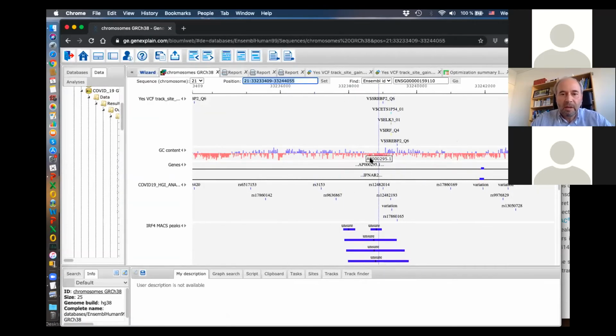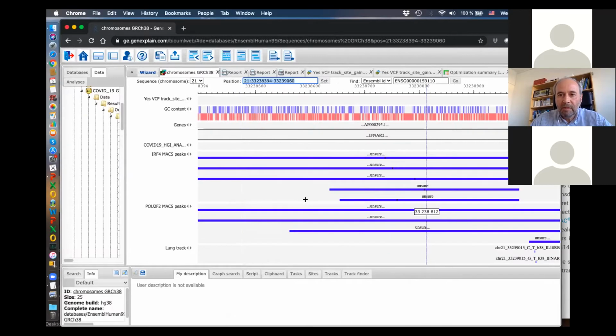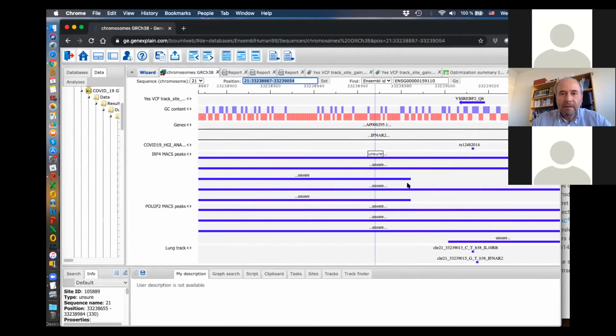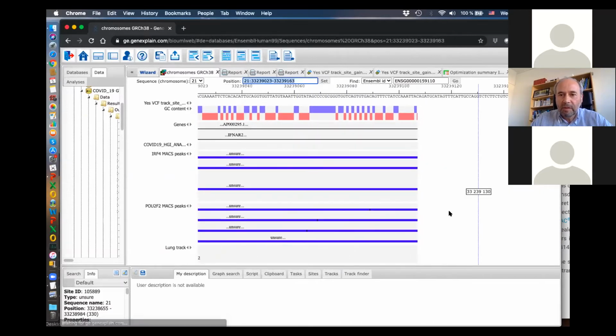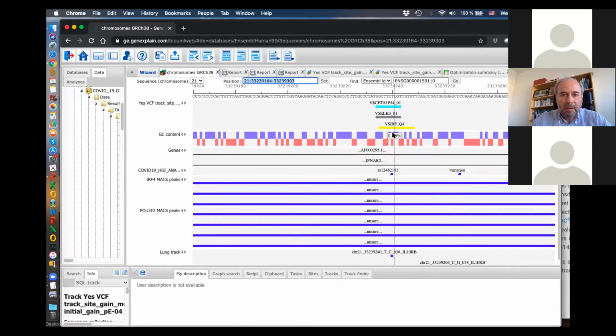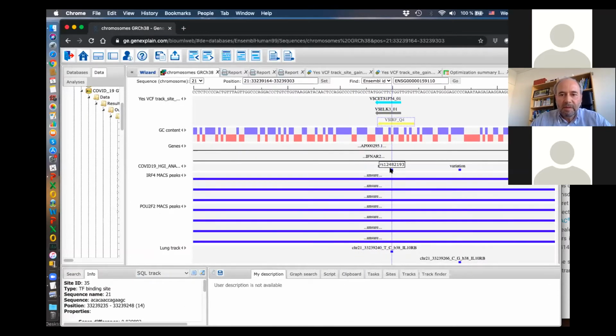So you see here this region, and we can zoom in to the level of nucleotides. We can zoom very, very far to the level of nucleotides. Let me jump into this IRF site. So this IRF site is actually affected by those SNPs which we identified.